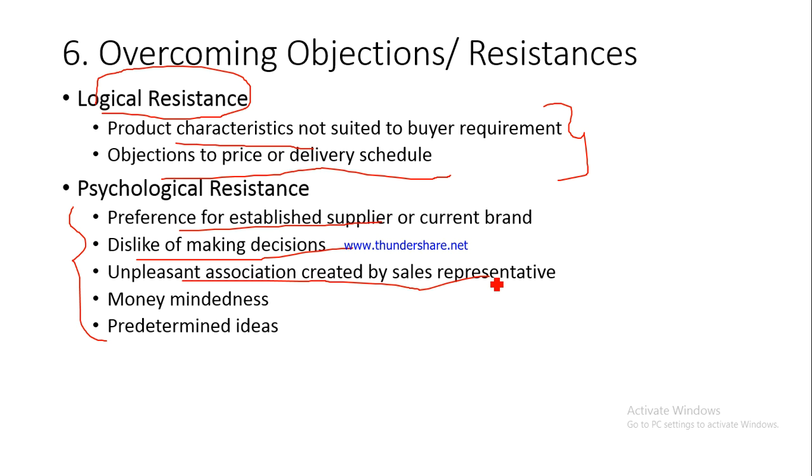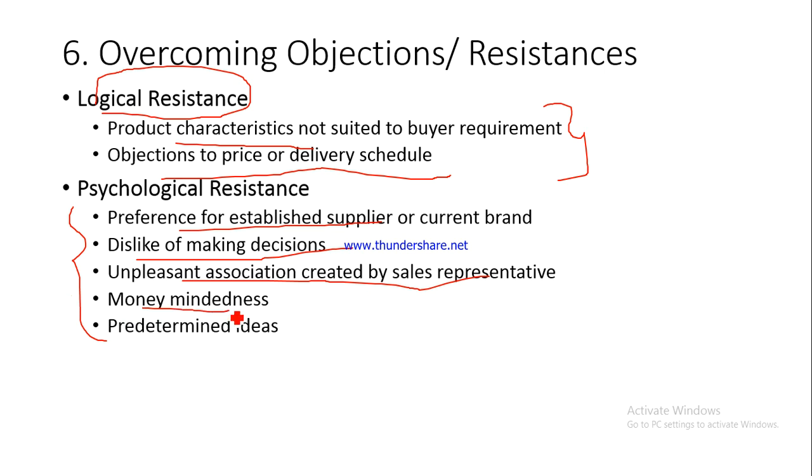So the moment this buyer sees you with the goggles, that unpleasant association is recalled in his mind, and then he thinks that he is not going to buy from you because he probably feels that you might also want to dupe him. So that is an example of unpleasant associations which are created by sales representatives.